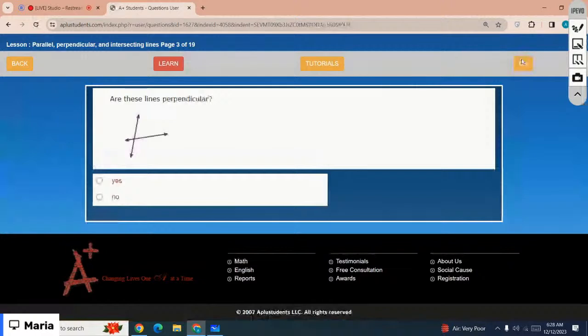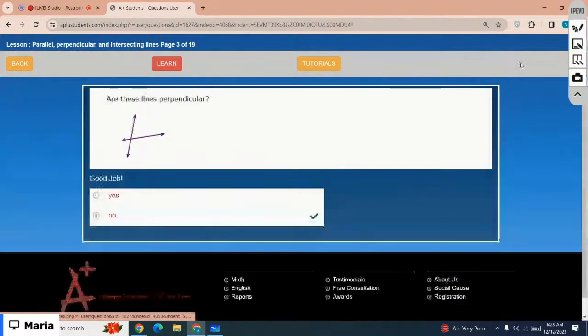Are these lines perpendicular? No, not perpendicular, right? Perpendicular lines are the ones that make a 90-degree angle.